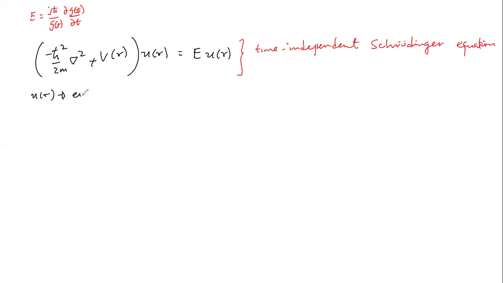And here, U of R is the eigenfunction of the Hamiltonian. We already know that E, in this case, is the eigenvalue of the Hamiltonian, and it must have a real value. We could classify E as a member of the Hermitian operator.